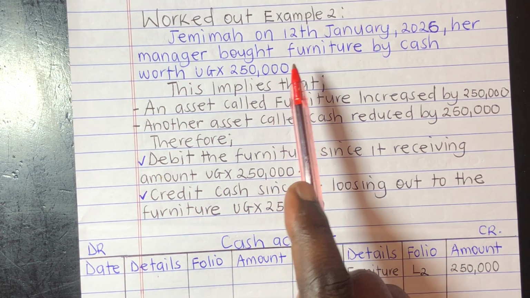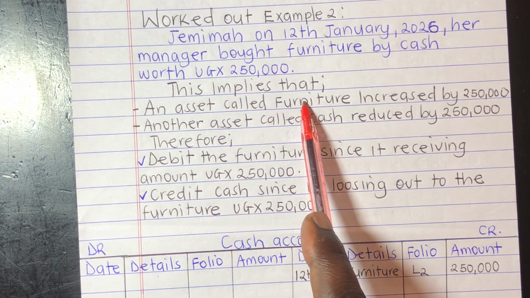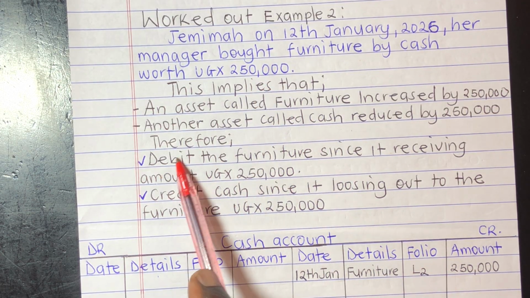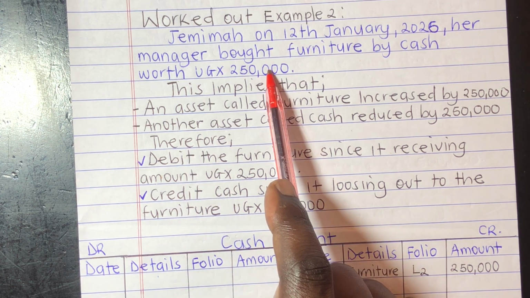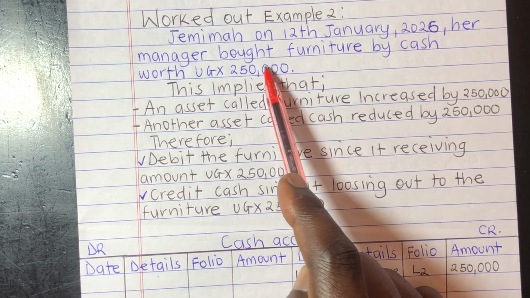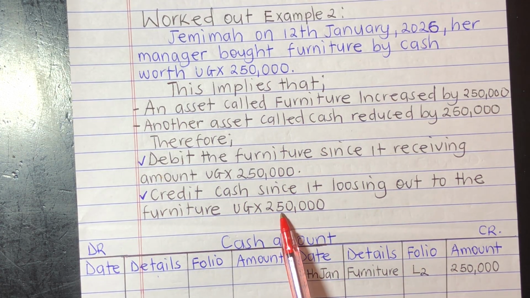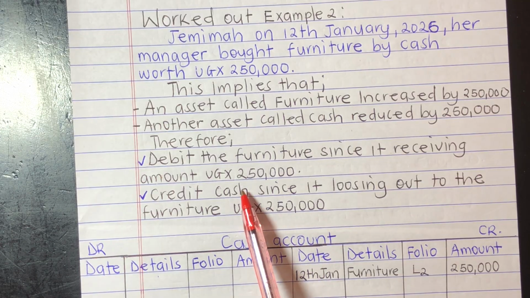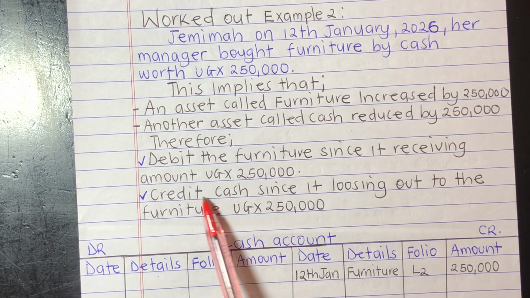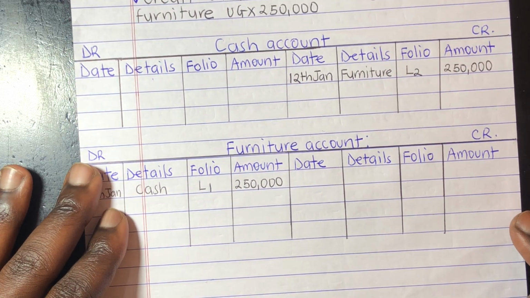Because the furniture is gaining, we are going to debit, meaning we record this 250,000 on the debit side in the furniture account. Then record this same amount of money in the cash account on the credit side because it is losing. So we are going to credit it. This is how it looks.